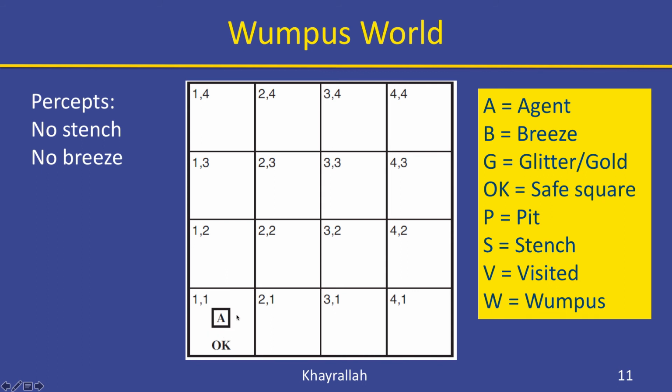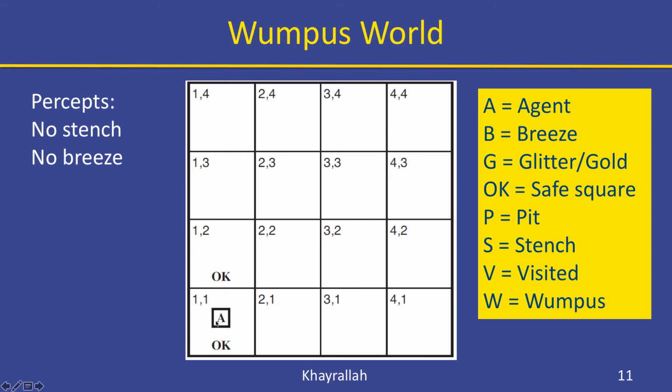If there's no stench in room 1-1, that means that there's no wumpus in room 1-2, right? Because if there was a wumpus in room 1-2, then we could smell the stench in room 1-1, which is adjacent. That also means that there is no pit in room 1-2. Again, if there was a pit in room 1-2, there would be a breeze in room 1-1. So with these percepts, our agent can conclude that room 1-2 is safe.